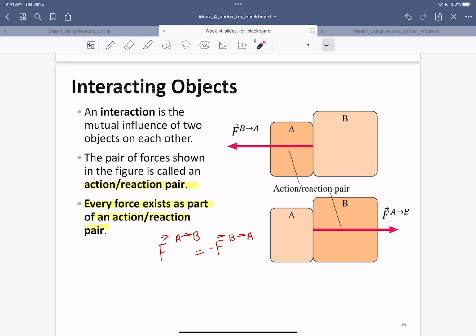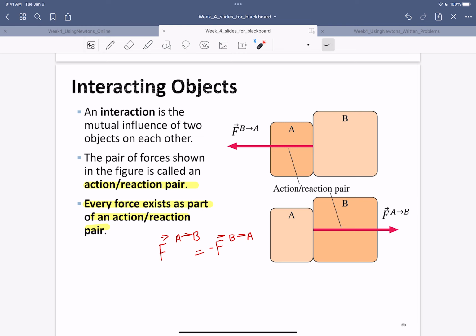But just as a summary, if I were to push on this box, you guys remember that 250 Newton problem with the two boxes? Okay, yeah.